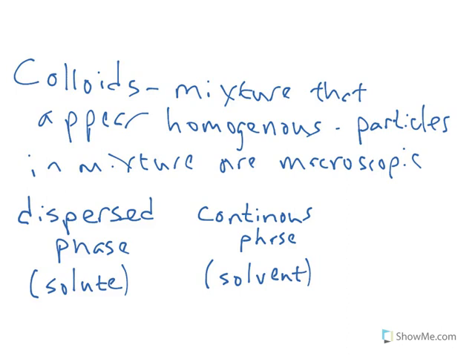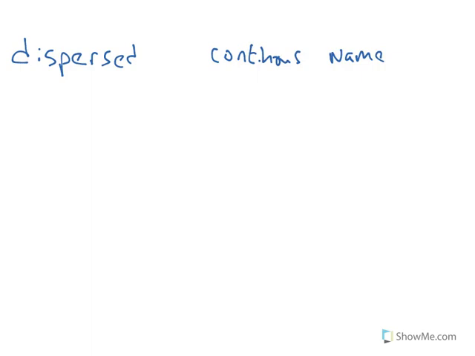So we have a dispersed phase and a continuous phase. Depending on what kind of particles are in each phase, we get a different type of name of a colloid. So why don't we go ahead and make a table here with the dispersed phase, the continuous phase, the name of this mixture, and an example you may have seen.